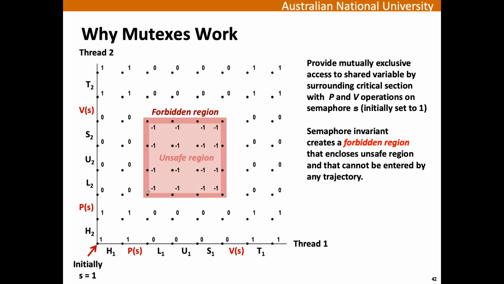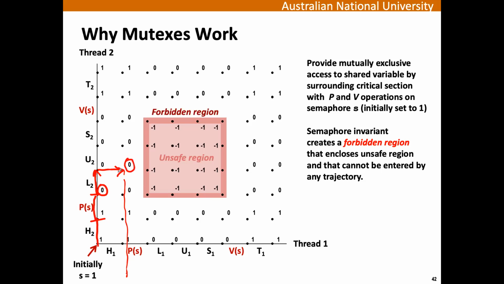So none of these states are possible anymore because they correspond to a semaphore value of -1, which is not possible. Similarly, if you go from this direction, thread 2 executes the head, then it performs a P operation, making the semaphore 0. There's a load. And now if thread 1 does the head, it cannot execute the P operation because the semaphore is 0.